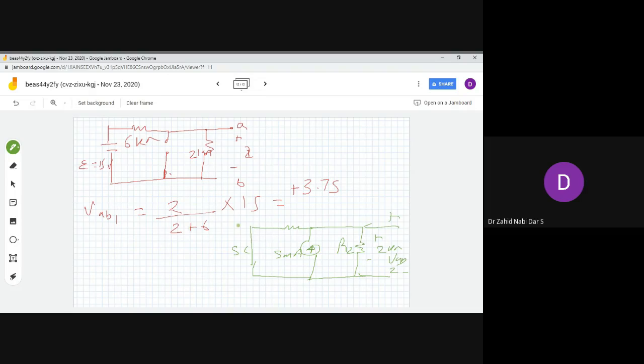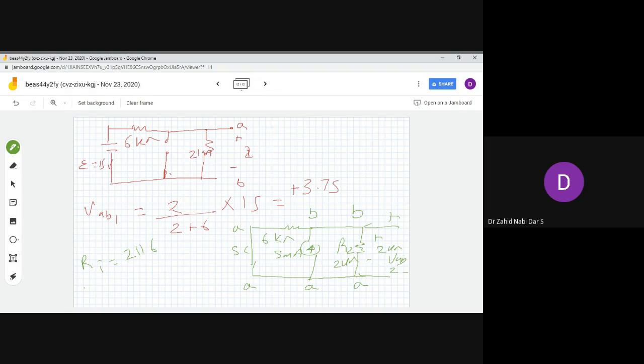Here you see this is A, this is A because it's short circuited. This terminal is B. Between A and B, we have 6 kilo ohm, and now there is no element over here. So A and B here is 2 kilo ohm. So the total resistance would be the parallel combination of 2 and 6.